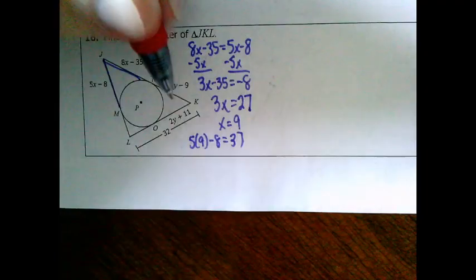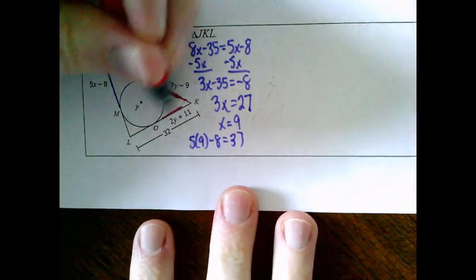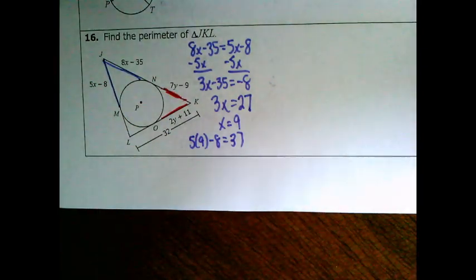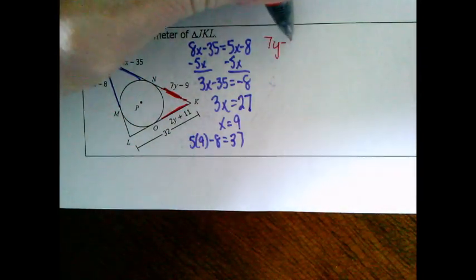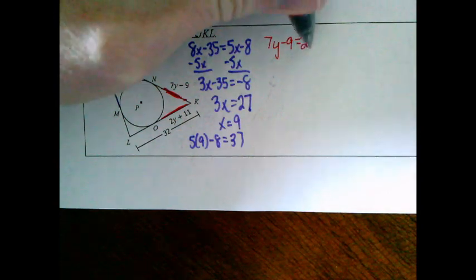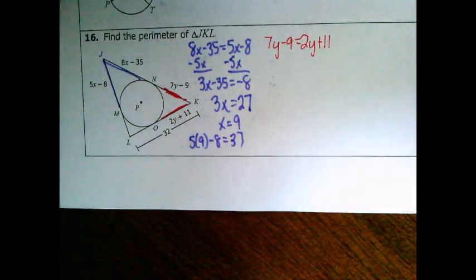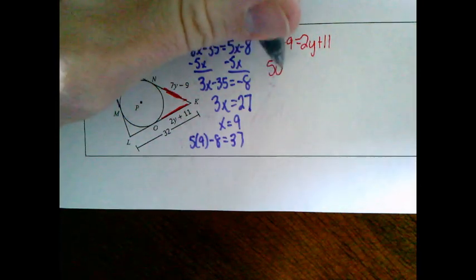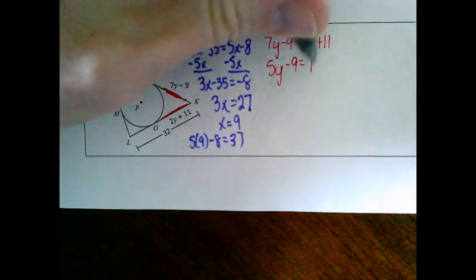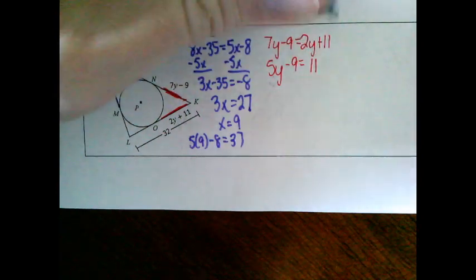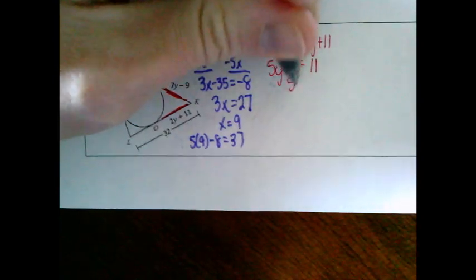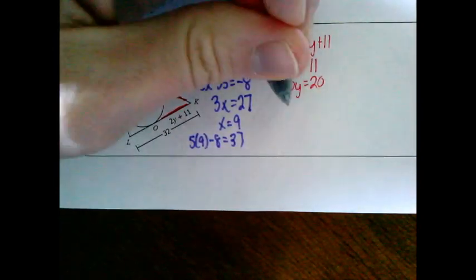Now let's do the y's. The y's I can set equal to each other. 7y minus 9 equals 2y plus 11. Start off by subtracting 2y from both sides. So it gives me 5y minus 9 equals 11. Add 9 to both sides. Divide by 5.